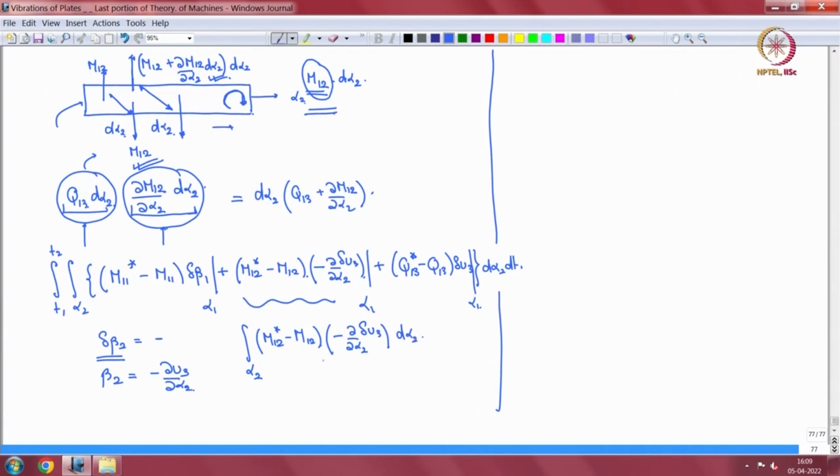Okay. So if we continue with this, I get a boundary term M12 star minus M12 delta U3. This is now at the ends of alpha 1 and alpha 2, hence it is a corner term.